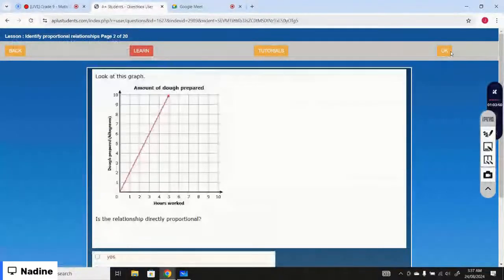No. Look at this graph. Is the relationship directly proportional? Which is the correct option?